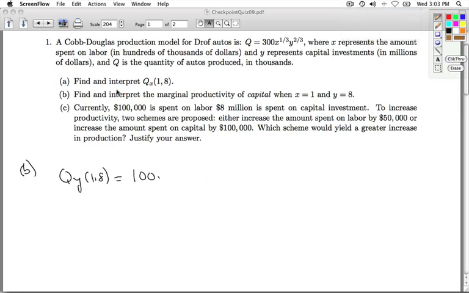So how do we interpret this now? Well, the way you interpret marginals is instead of writing it as a rate, if you go one more in the independent variable, in other words, if we increase y by 1, then the increase in the dependent variable, in this case q, is going to be roughly that amount.